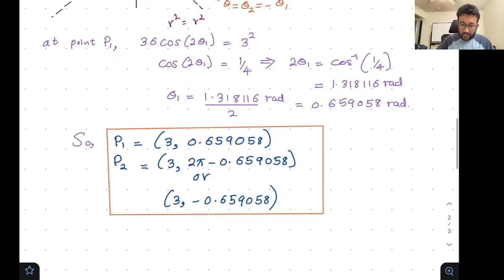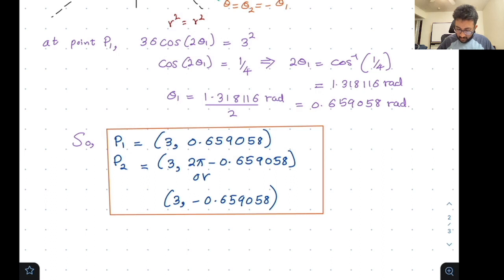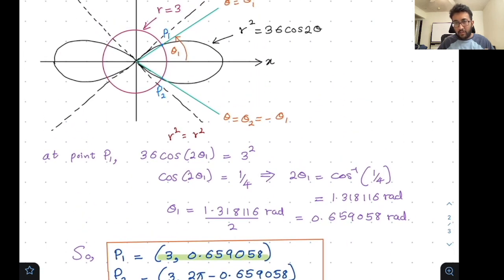So how do you write the coordinates of P1? That is going to be equal to this, right? R is going to be equal to 3, and angle is going to be equal to theta 1, right? And if you consider P2, again R is equal to 3, because as I mentioned earlier, from symmetry, the distance between origin and P1 is going to be equal to the distance between origin and P2, right?